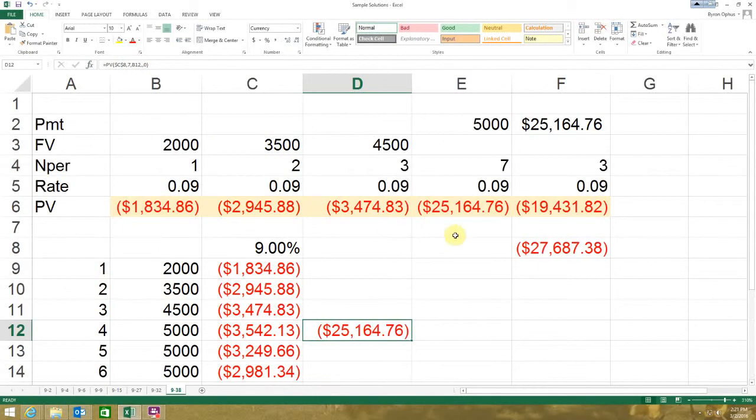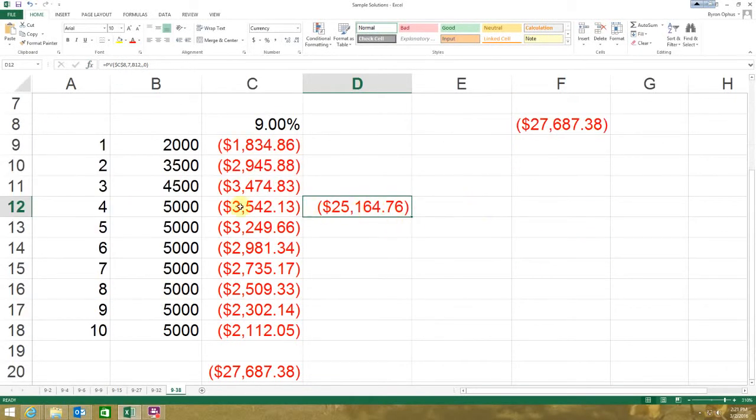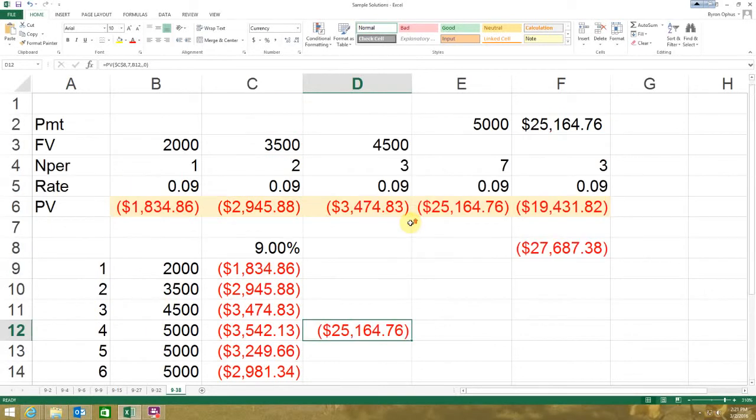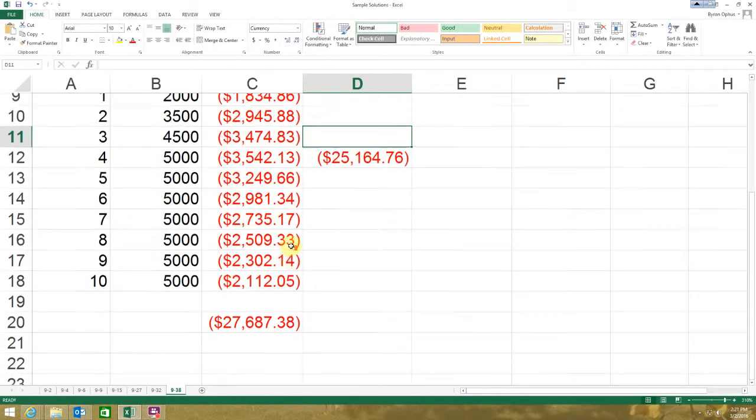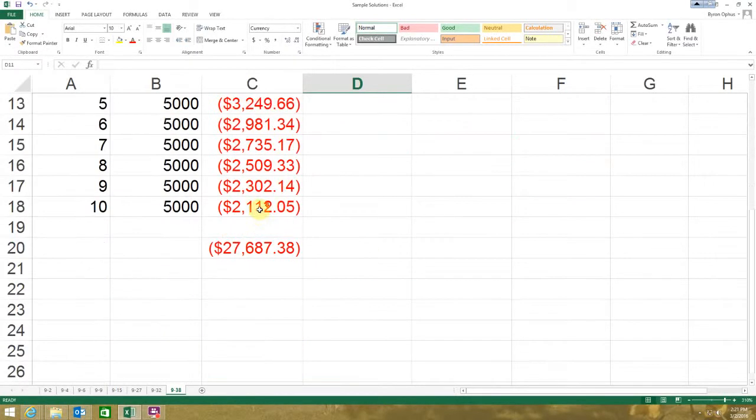It's somewhat confusing, I understand that. So this calculation is figuring out the present value of these at the end of year 3. Then to calculate that, I'd have to figure out the present value of this for 3 years. So if you want to do a double check, this is an easy way to do it.